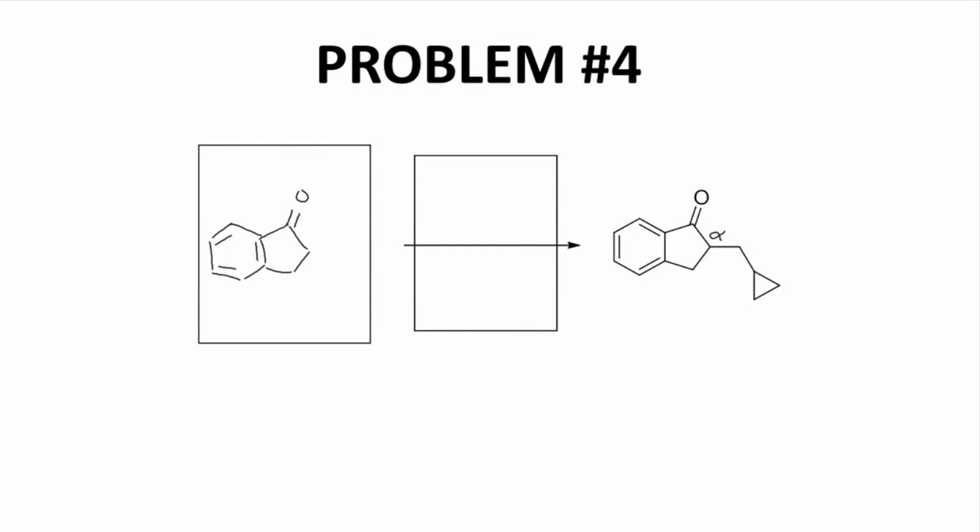Right there. And now let's number our carbons. So we need to have 1, 2, 3, 4 with this cyclopropyl ring on there. Now, let's see. We need to first make our enolate. So typically we use LDA. And I've skipped a step here. This is an enolate alkylation.